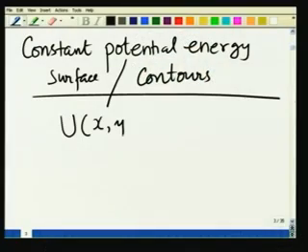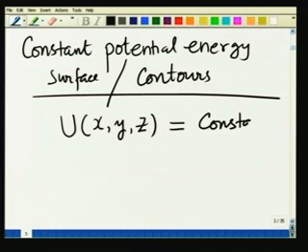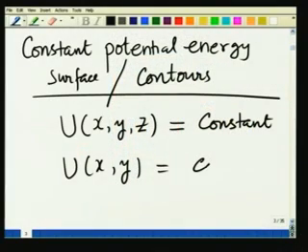Now, for a constant potential energy surface, I define that surface in 3 dimensions as U(x, y, z), that surface over which this is a constant, or the contour in 2 dimensions is U(x, y) is a constant.